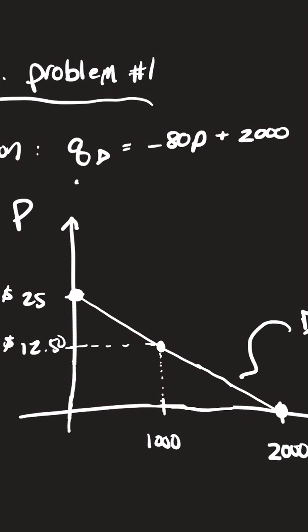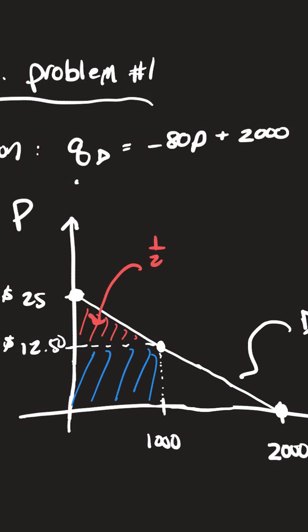So how much are 1,000 t-shirts valued at? Well, essentially what we need to do is find the area under this curve here from Q equals 0 to 1,000. So we actually have two different shapes here that we need to take the area of to find that area. So the area of the first shape is this triangle.